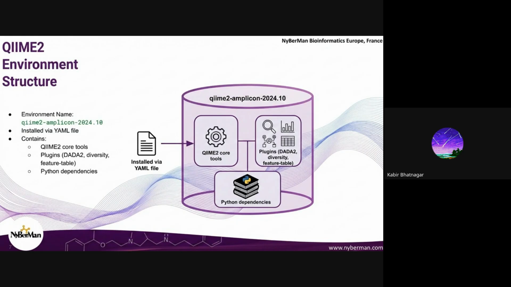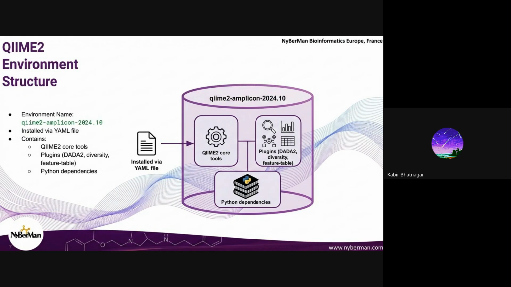Now this environment, last time when I asked you to check the version and the help section, you got multiple plugin tools that QIIME has already inbuilt. These tools are the ones that we will be using further for analysis. QIIME2 has core tools, whatever is required, like import and visualize.